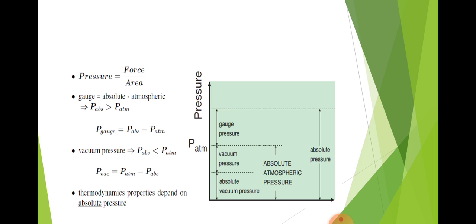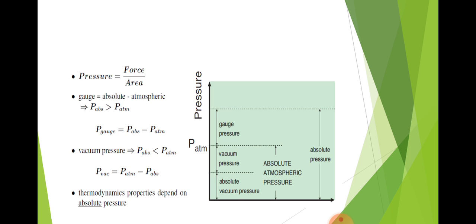So for that purpose we can use various types of gauges, but in regular practice the Bourdon pressure gauge is used. So we take that example for easy understanding. The Bourdon pressure gauge is commonly used to measure the pressure of steam in a boiler.